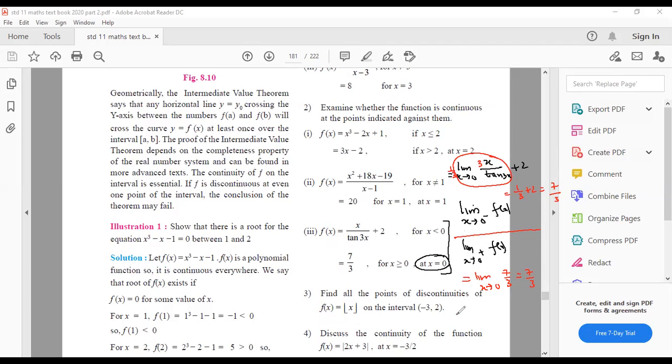And what is f of 0? When x is exactly 0, equal to sign, है ना? When x is 0, that time also it is 7 by 3. So all three are equal. So the function is continuous at x equal to 0. Any doubt, Nandana? No, sir. Understood clearly? Yes.